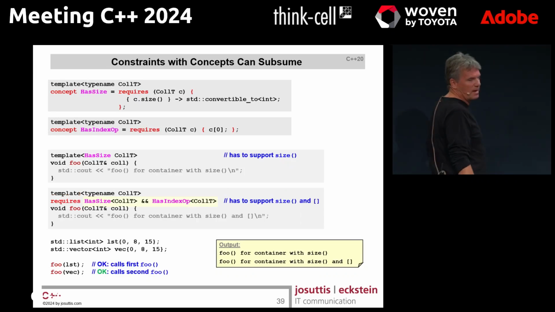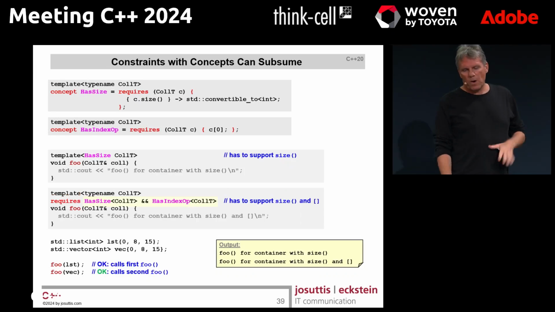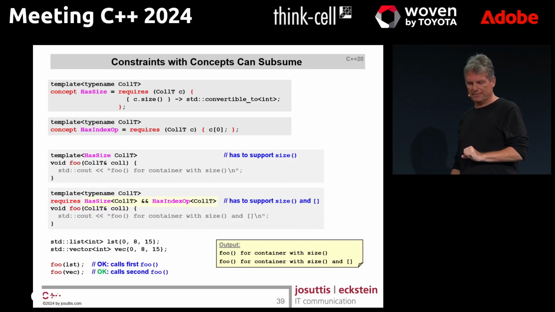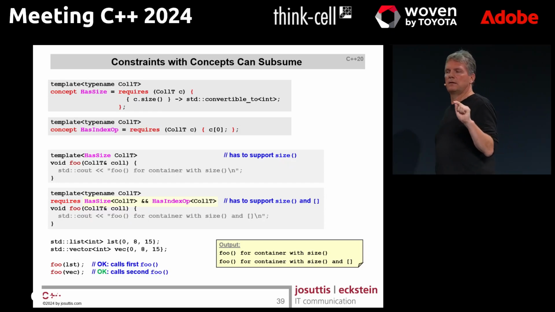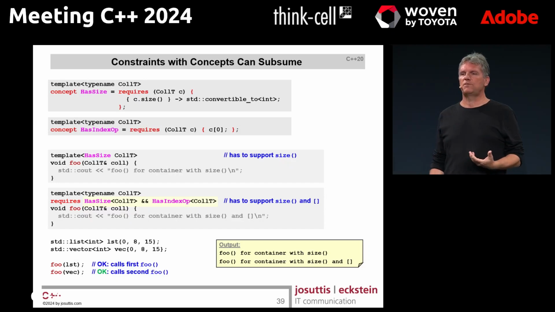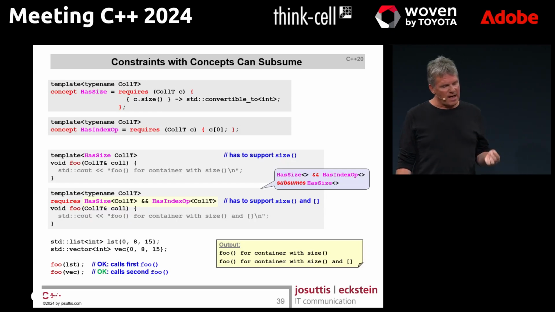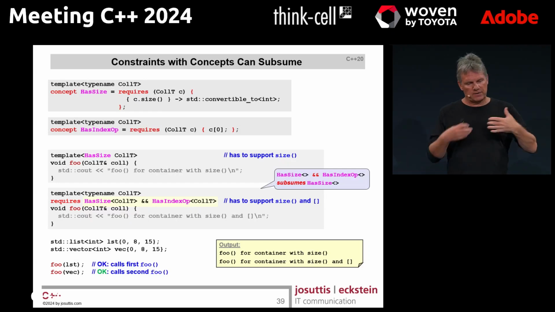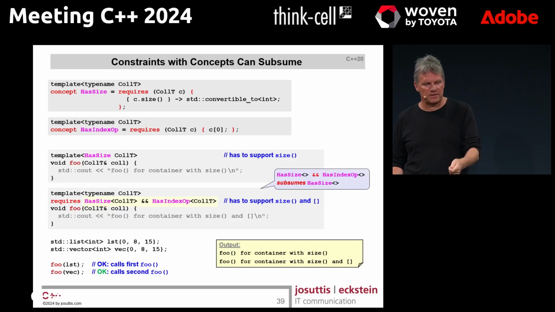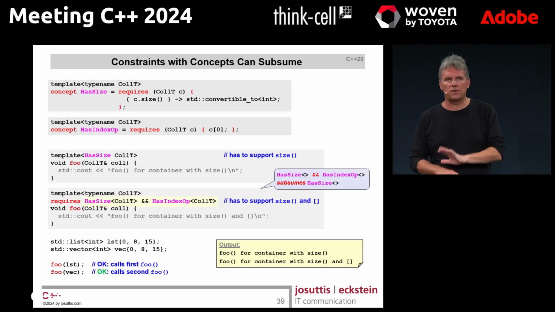So one way is to specify one foo with has size and the index operator. This, again, is a special case of the first definition of foo. So we say has size and has index operator together. That subsumes has size. So if you satisfy has size and has index operator, has size alone is always satisfied.